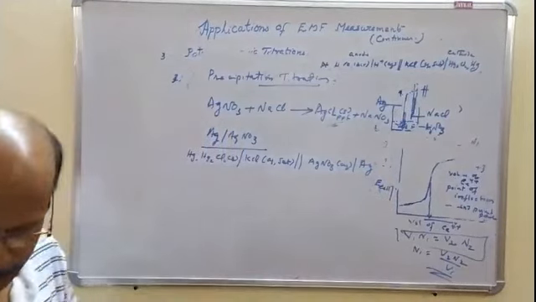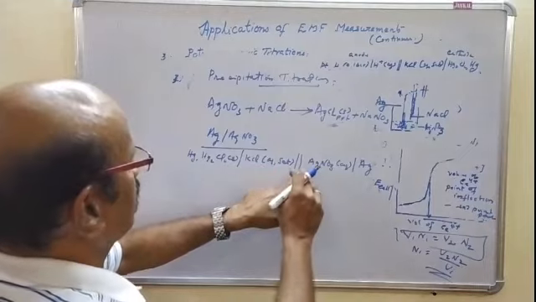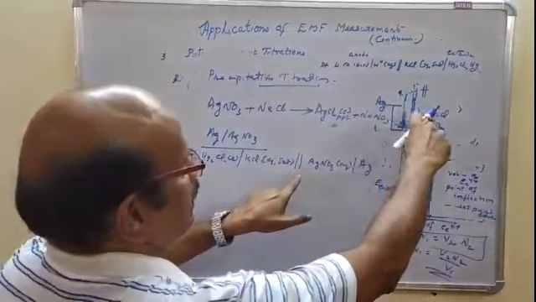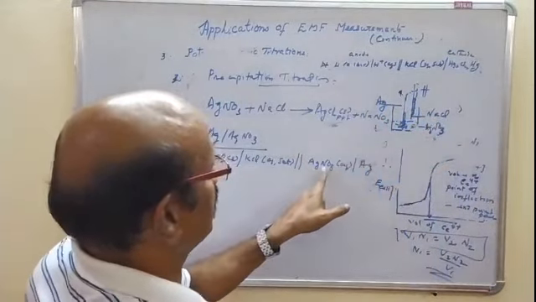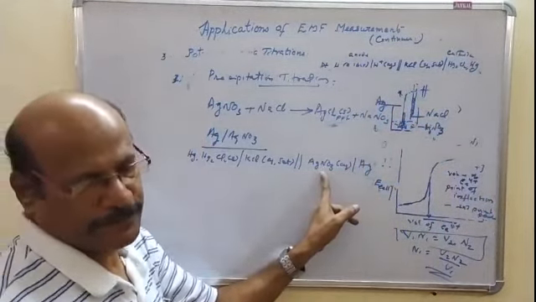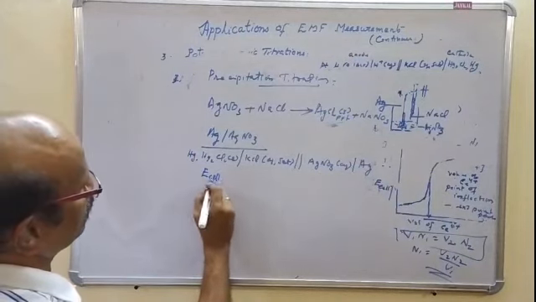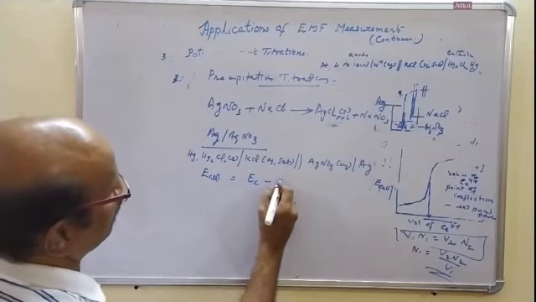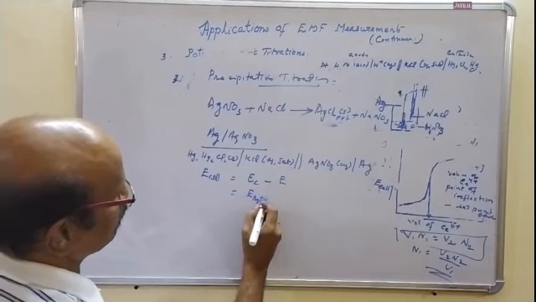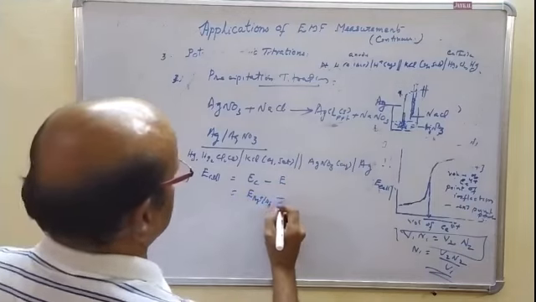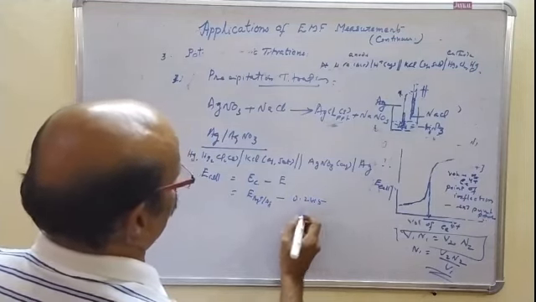This is our electrode assembly, and NaCl is added from the burette so that AgNO3 gets precipitated. The cell EMF is E cell equal to E cathode minus E anode, which is E Ag plus bar Ag minus 0.2415.